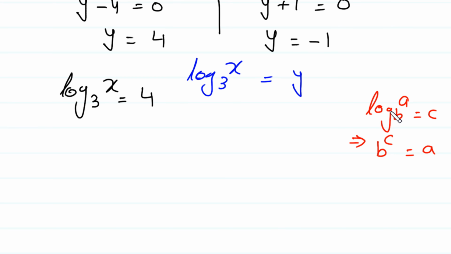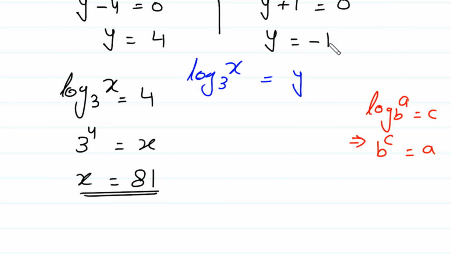This is called logarithmic form and this is called exponential form. According to this rule, we can write this in exponential form. 3 to the power 4 is equal to x, and x is equal to 3 to the power 4, which is equal to 81. This is the first value of x.